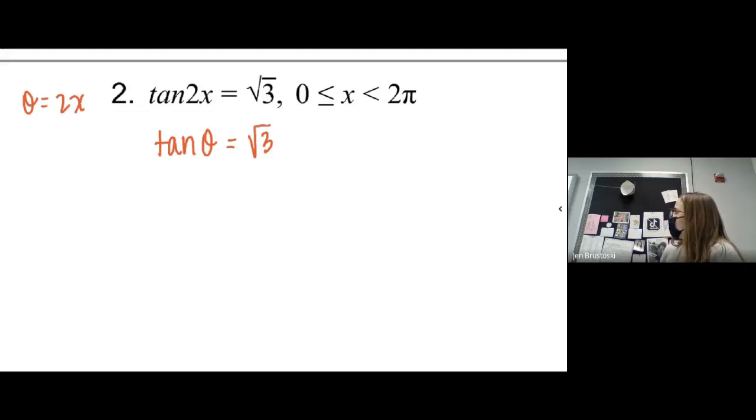Okay. So when is tangent of theta equal to radical 3? Pi over 3, 4 pi over 3. Pi over 3 and 4 pi over 3. Very good. Okay. Then we want to add the period.